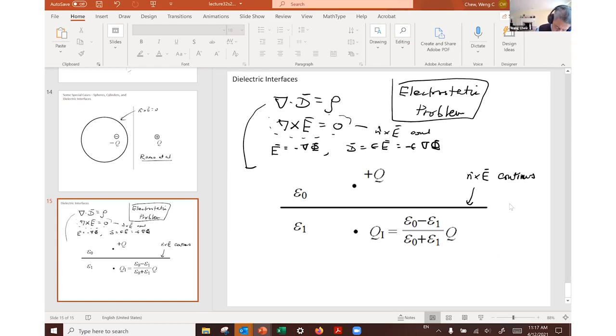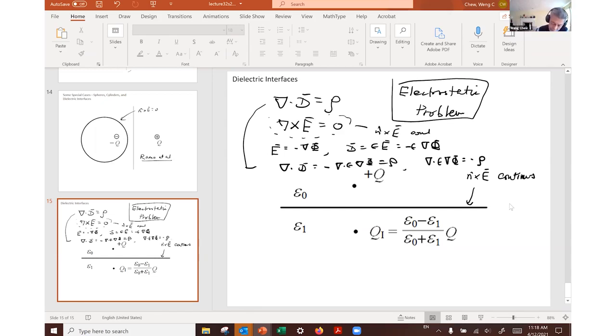And then from the divergence equation, you will have minus divergence of epsilon grad phi equal to rho. Those are the two equations that we need to solve. And actually, the second equation looks almost like Poisson's equation, except that it is more complicated.